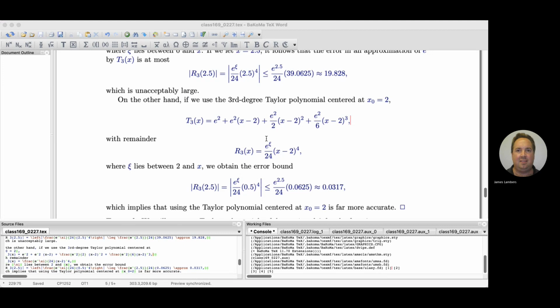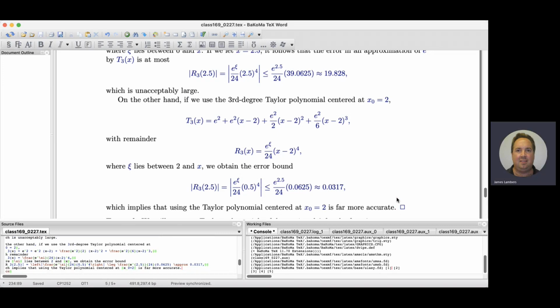So just plugging in 2.5, and I'm working this out in MATLAB. Oh, something went wrong here. Okay, MATLAB was acting funny. Okay, so all right, I'll just make a note here.